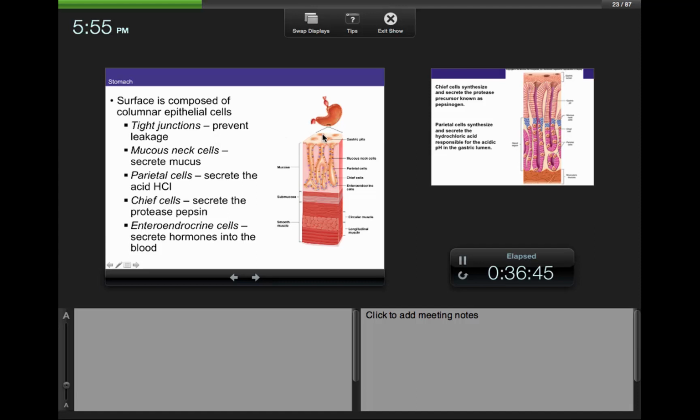So it really does protect the wall of the stomach. Okay, so tight junctions, and those mucous neck cells secreting bicarbonate-rich mucus protect the parietal cells and the chief cells. The endocrine cells, like the G cells, secrete hormones.